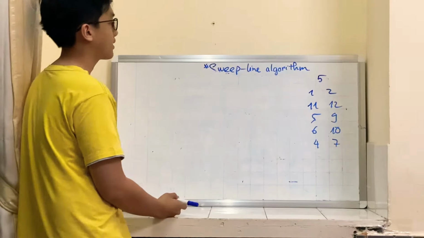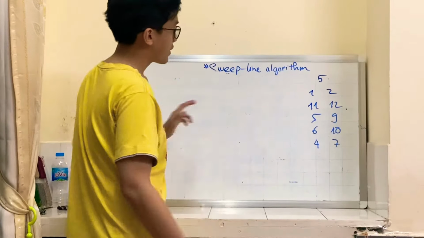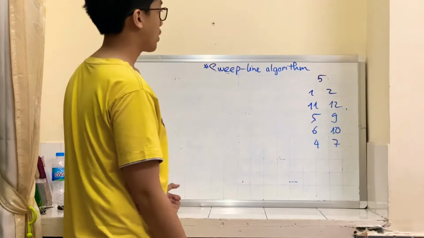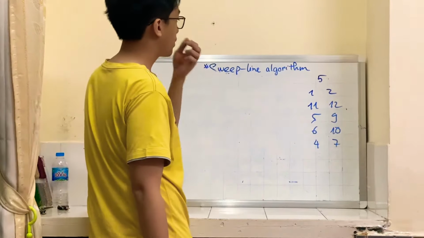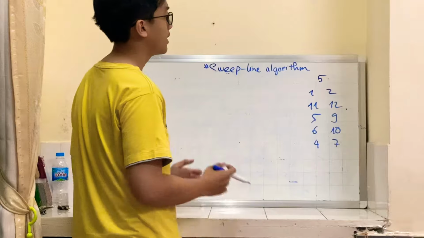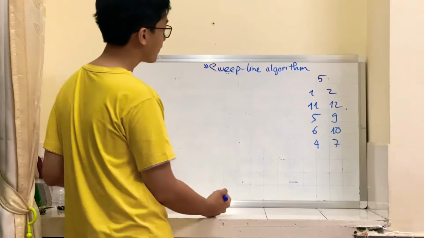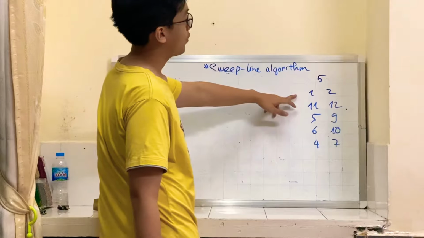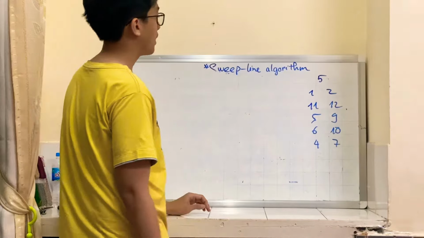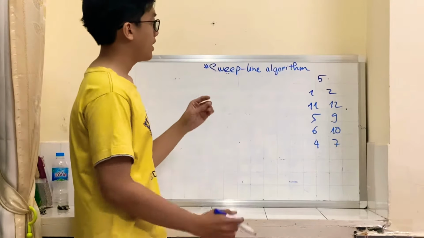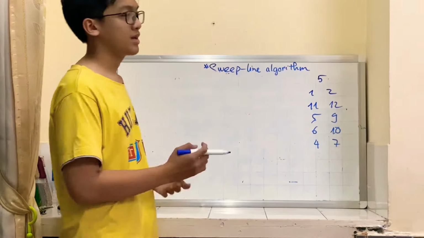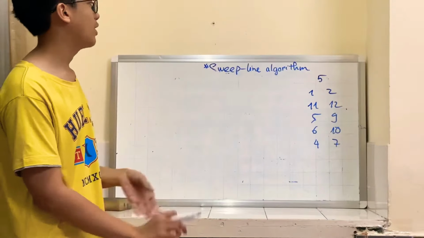The algorithm starts as follows: each line has 2 endpoints. For each line we take the 2 endpoints and push them into an array, and then we sort on the point. We sort every endpoint, but the important thing is that we must save the line each point belongs to.